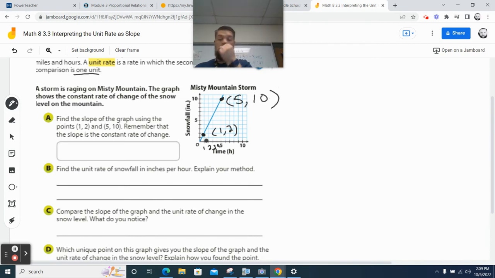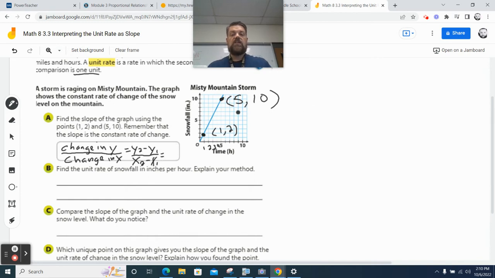Now the cool thing, there's a couple of ways you could do this. One way is to calculate it. So if we say the change in y over the change in x, and that formula is y sub 2 minus y sub 1 all over x sub 2 minus x sub 1.